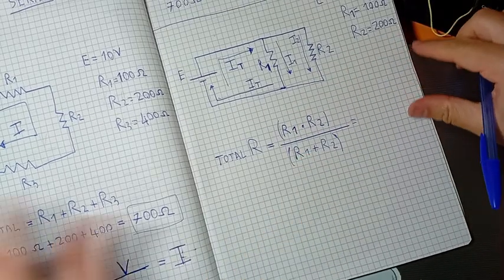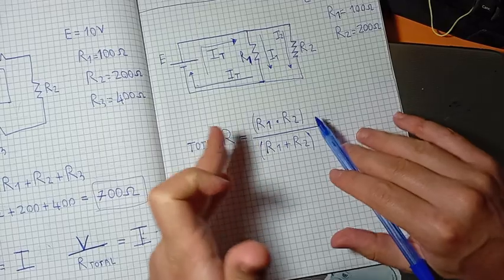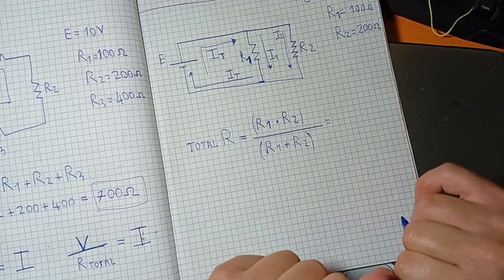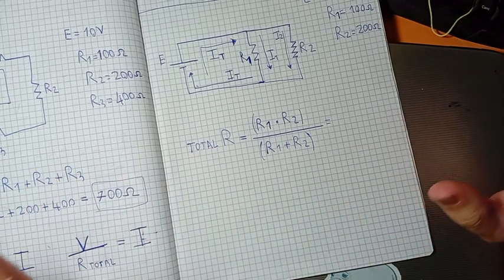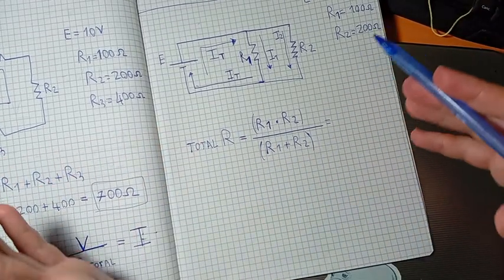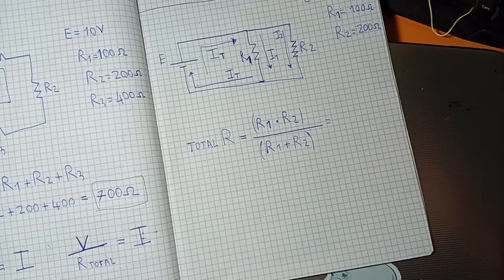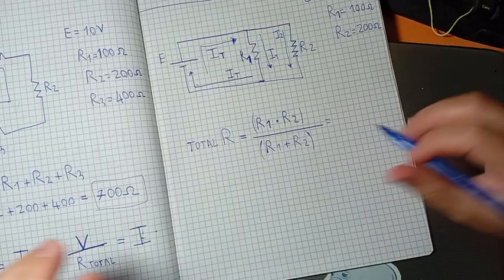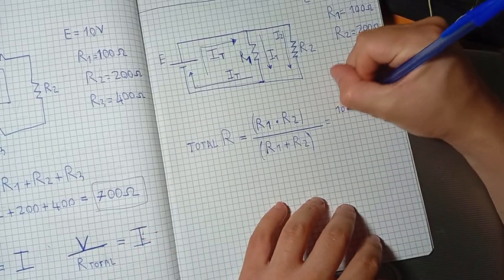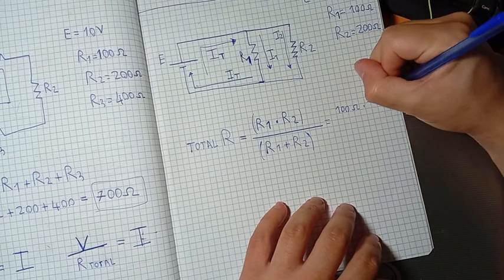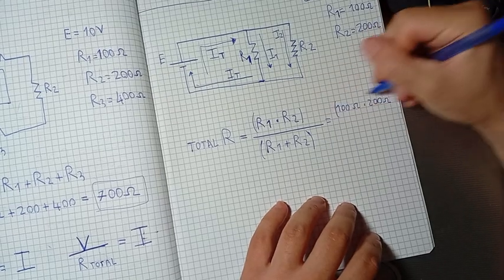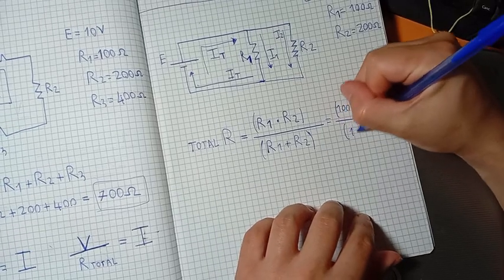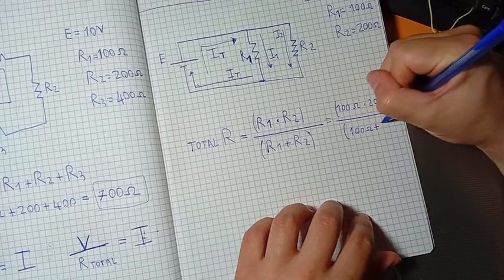Okay, so their multiplication divided by their addition. This is what I should do to calculate the total resistance when they are in parallel configuration. I just have to do this calculus. So it will be 100 multiplied by 200, divided by 100 plus 200.